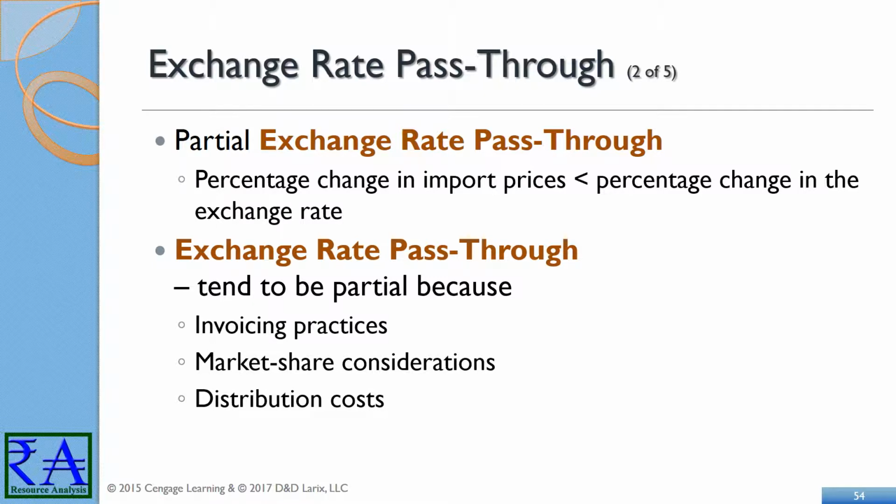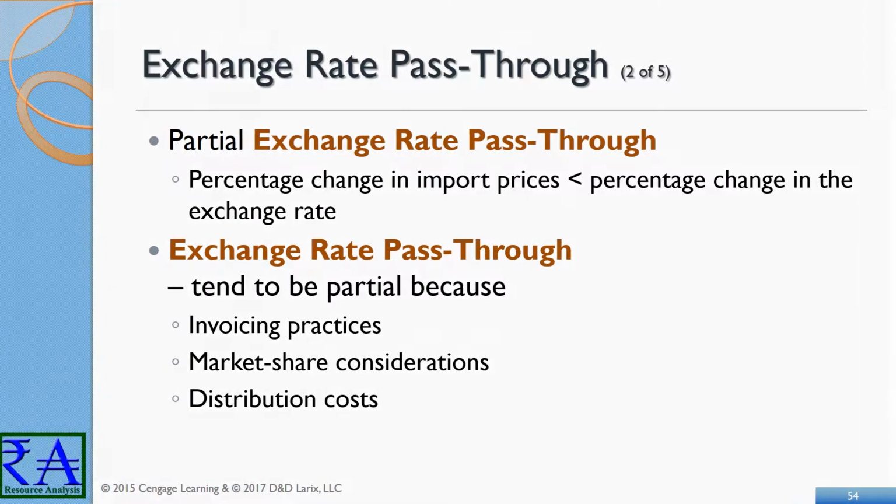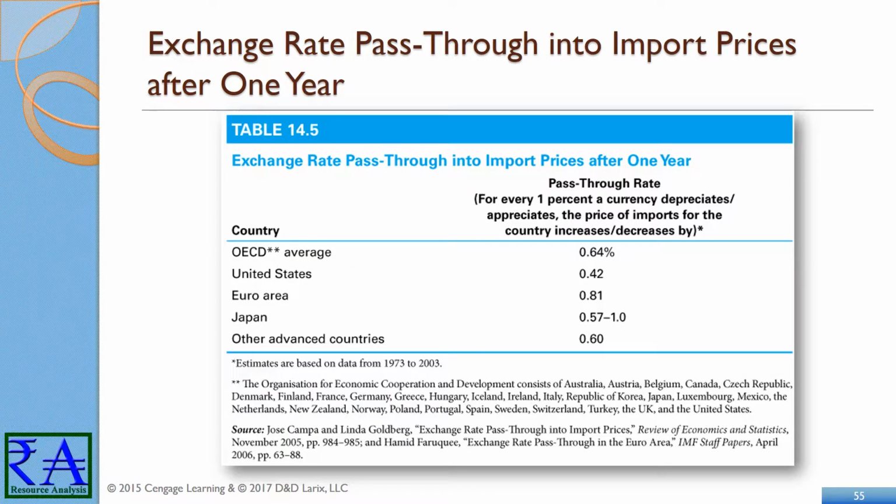Exchange rate pass-through in the U.S. and a few associated countries from 1973 through 2003 shows that on average, there was about a 0.5% pass-through from manufacturer to buyer as a result of each 1% of currency devaluations. This table shows that for every 1% the US dollar value changed, the price of imports to the US changed by 0.42%.